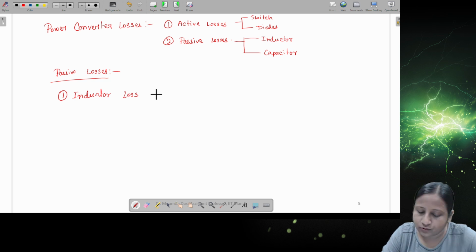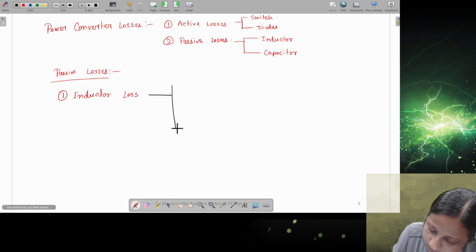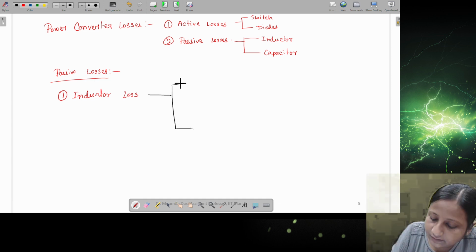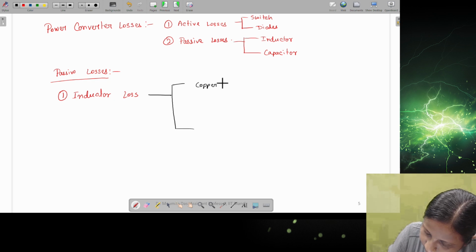The losses we need to look at in this particular component can be classified into two categories mainly: copper loss and core loss.